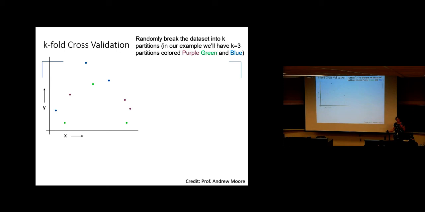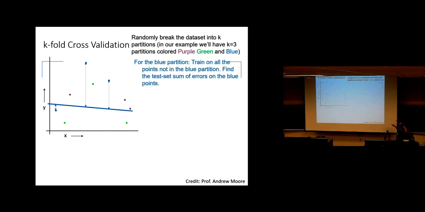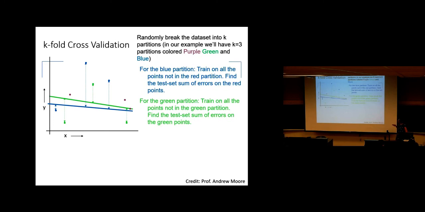It's normally like 3-fold or 10-fold. Which one you pick depends on the data size. It's actually a very tricky number to pick, and that's part of the homework too. So in this case, we just do 3 folds: blue, green, and purple.